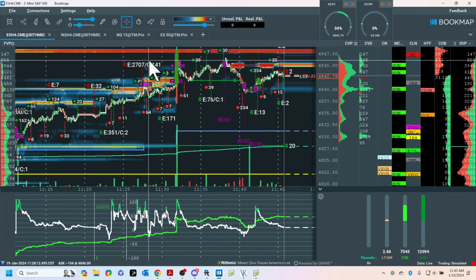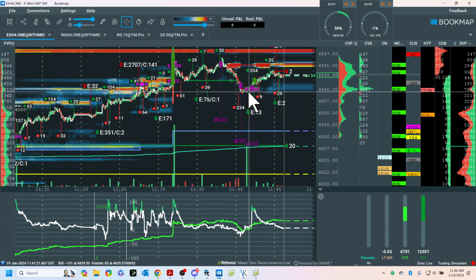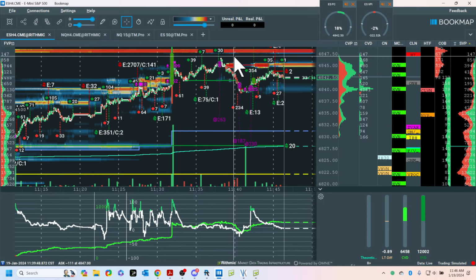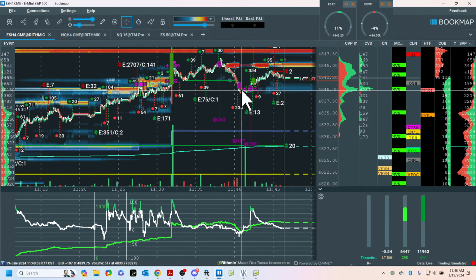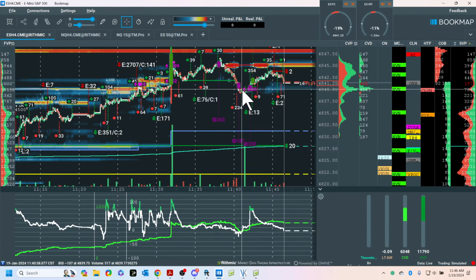What do I know? We had our sellers here and here. We had our buyers here. Here's the high volume. So retail support, resistance, right in this little box. I don't trade this.